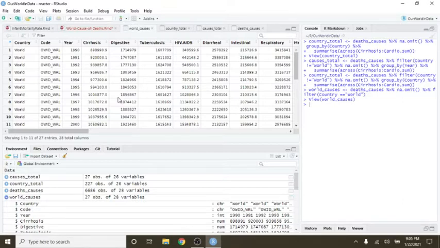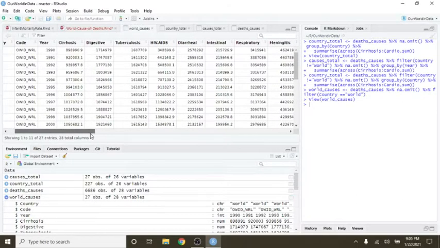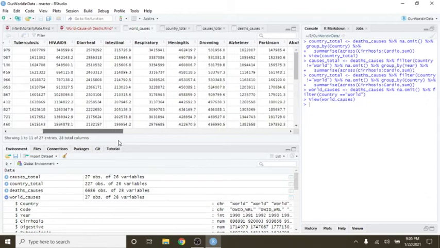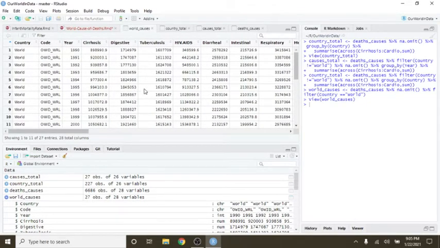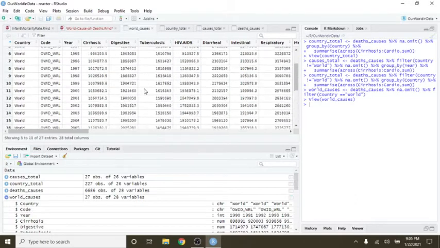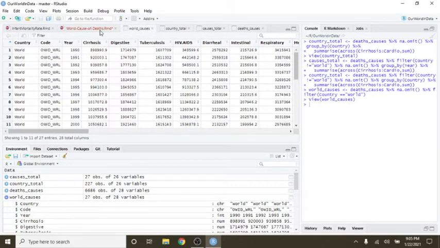Now we could take this, of course. You know what? Let's do HIV/AIDS, which of course.